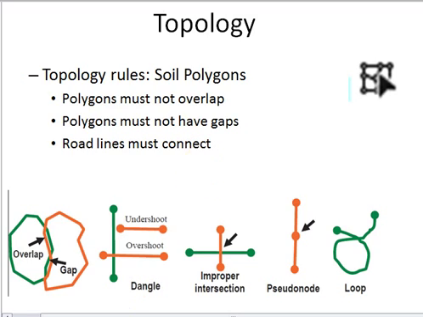And maybe this is a dead end of a pipe, but maybe not, right? Here's one that just crosses over, it doesn't intersect. Here, let's say I'm digitizing and I put a dot there. Well, it's called a pseudo node because it doesn't really need one there, but that happens. Okay.